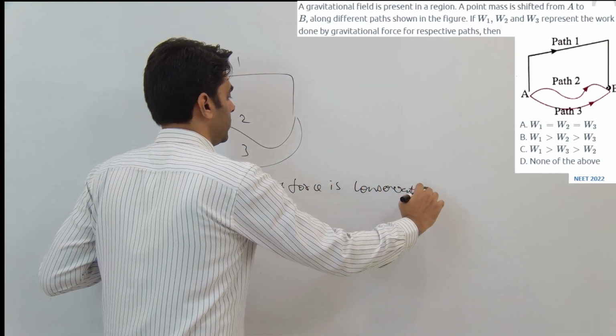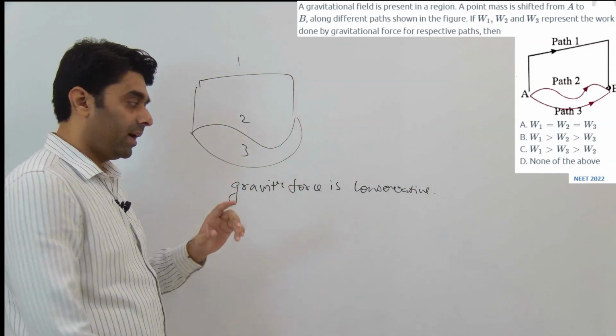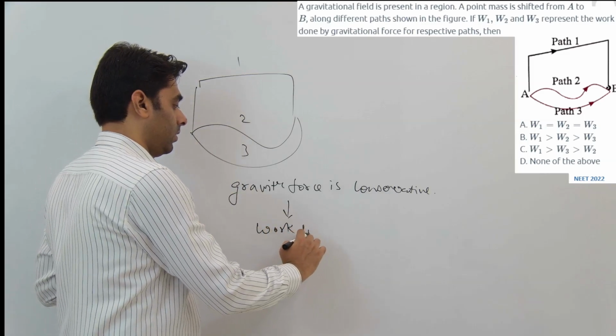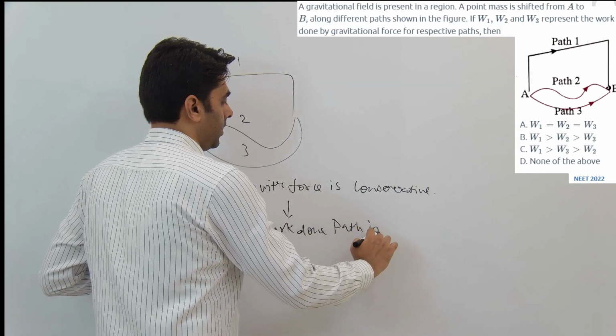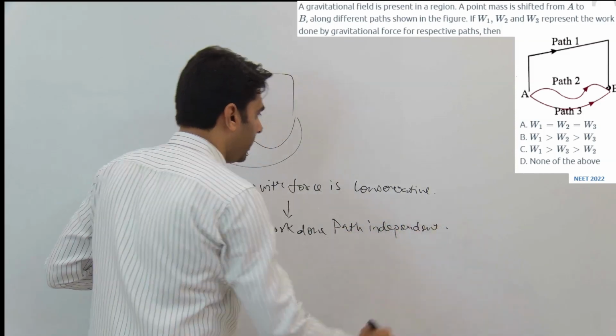If gravitational force is conservative, that means the work done is path independent.